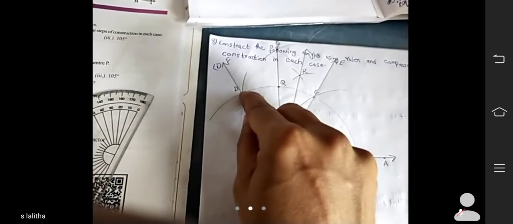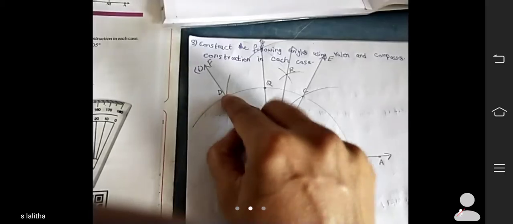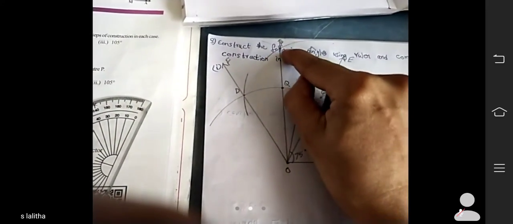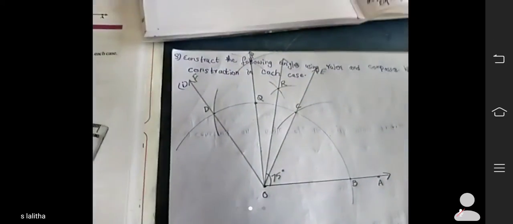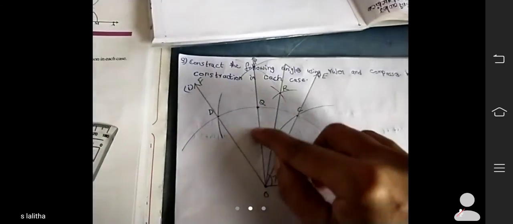Same radius, keep the compass on D, again draw an arc. These two arcs will be intersected here, so put the point P. Now join OP. It will get 90 degrees.